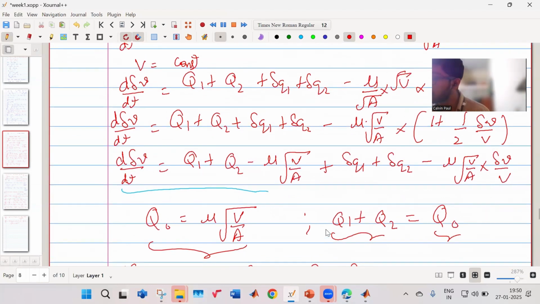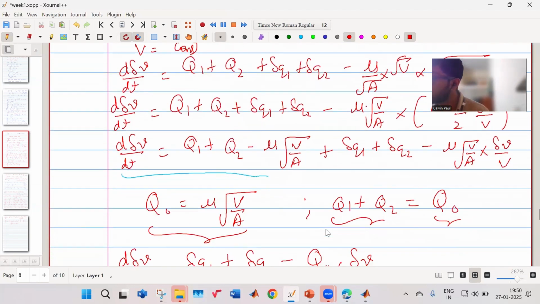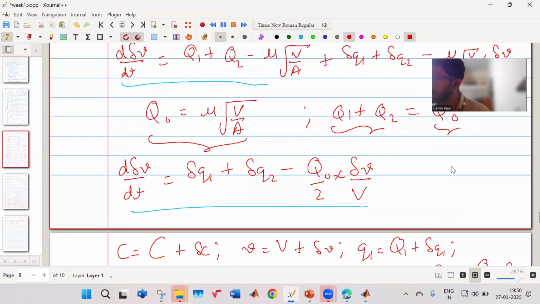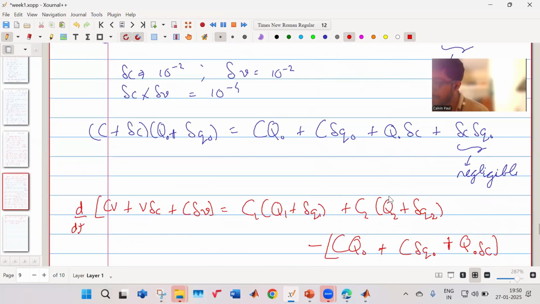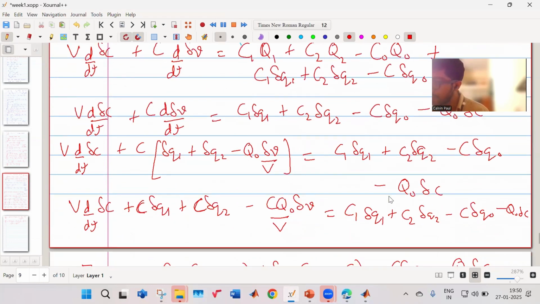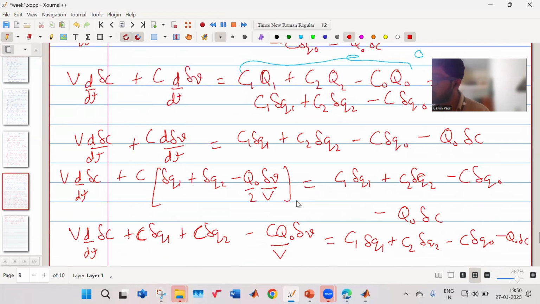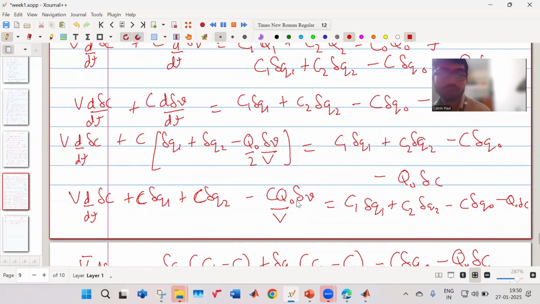That will be equal to minus Q naught by 2 delta V upon V. So minus Q naught by 2. So just hold on one minute.